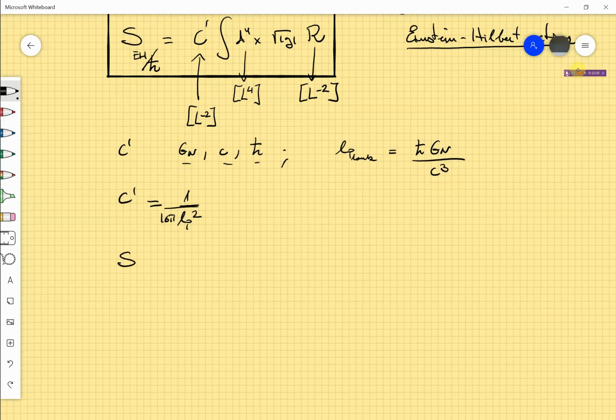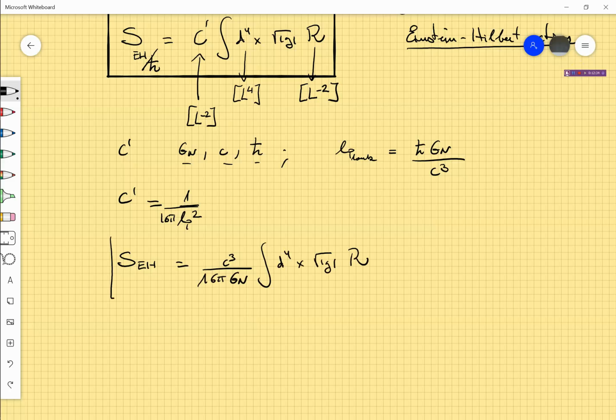So let me just rewrite the Einstein-Hilbert action, now not divided by h bar. This is just c cubed divided by 16 pi times the Newton constant, times the integral d^4x square root of g R. And remember that if I divide this by h bar, I get, oops, this is the Planck length square itself.